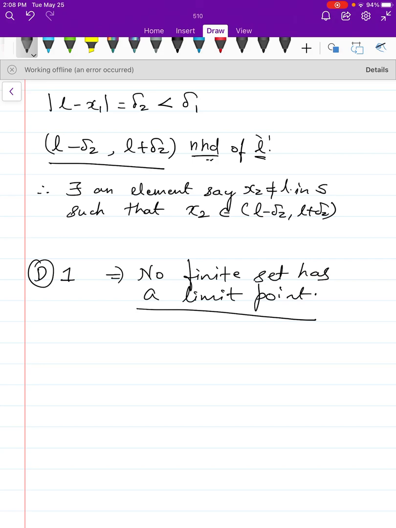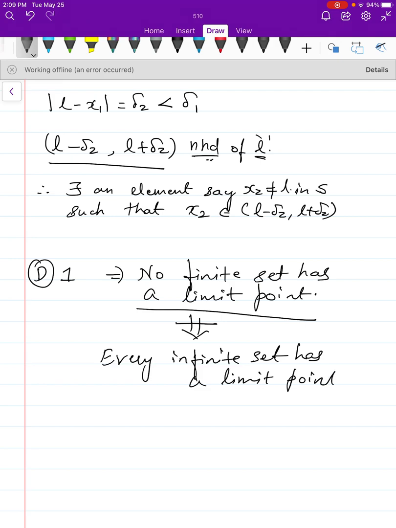There is a theorem which establishes a condition for the existence of limit points in infinite sets, called the Bolzano-Weierstrass theorem. So this does not imply that every infinite set has a limit point.